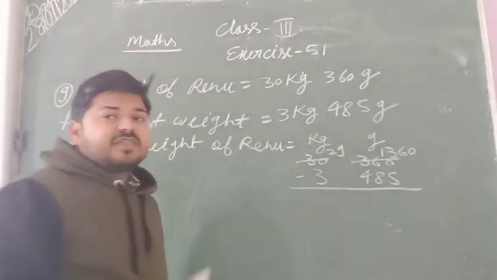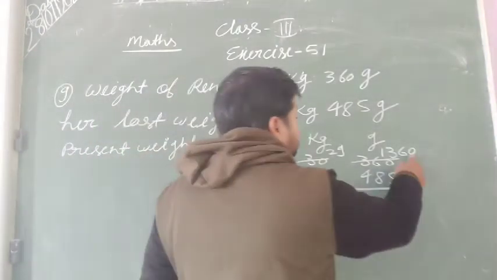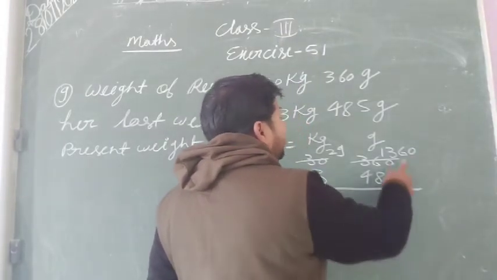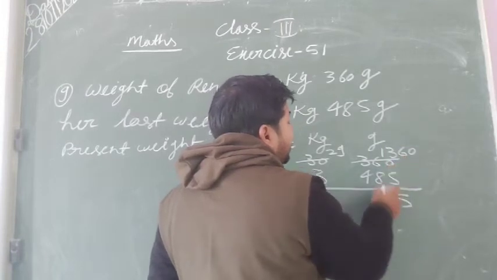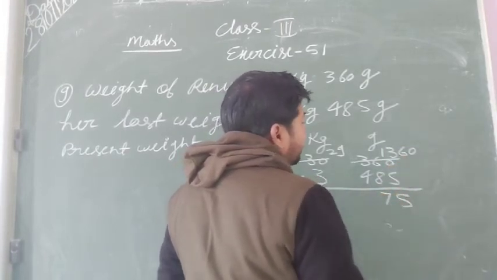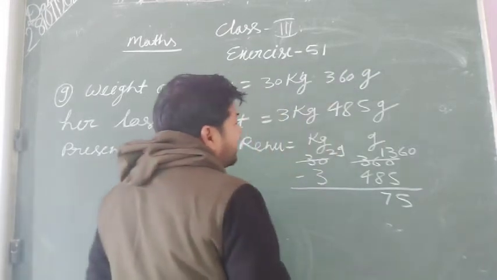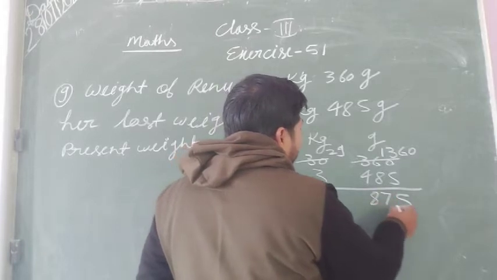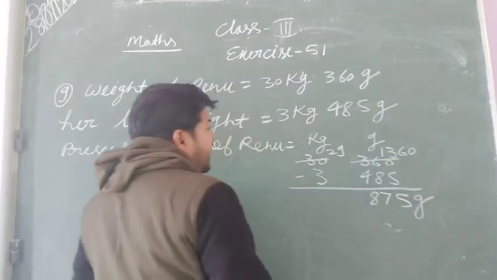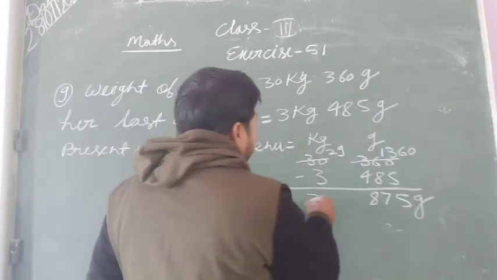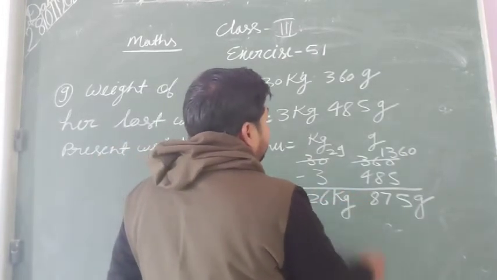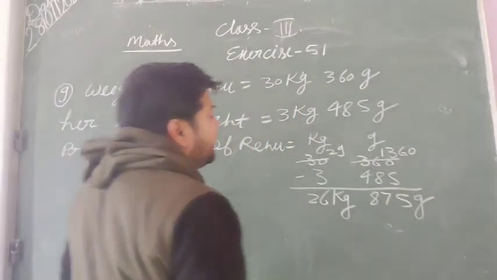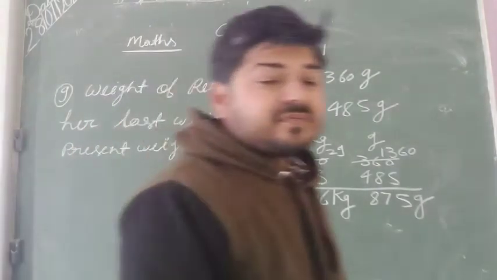Now you can easily subtract it. So 10 minus 5 is 5. 15 minus 8 equals 7. Then 12 minus 4, 8. And 29 minus 3, 26 kg. 875 gram.